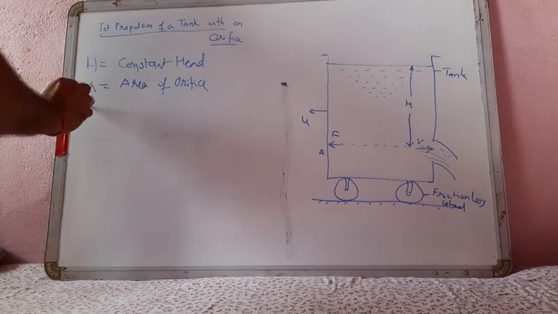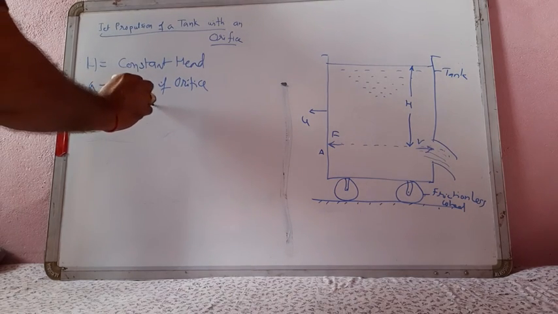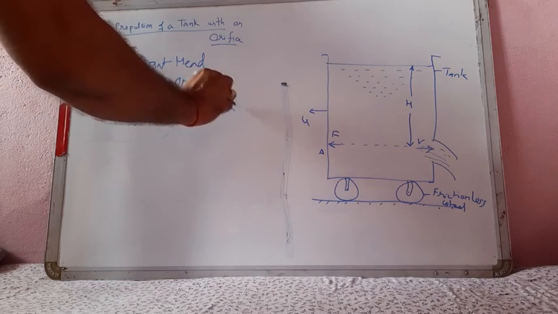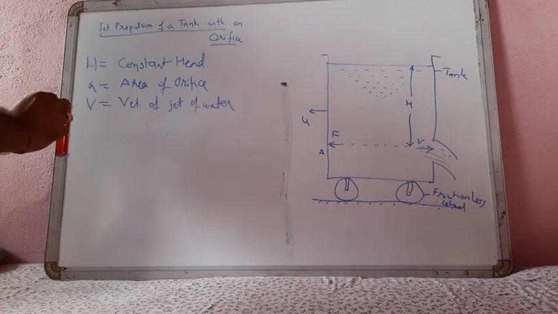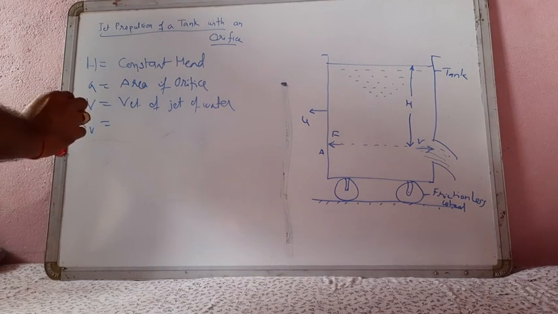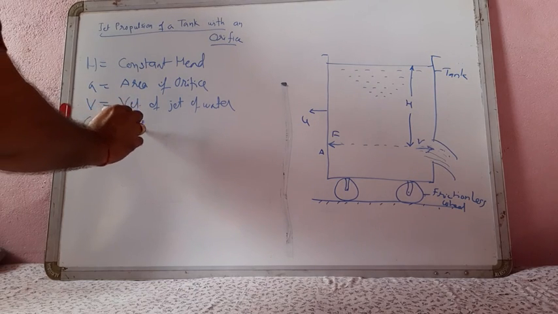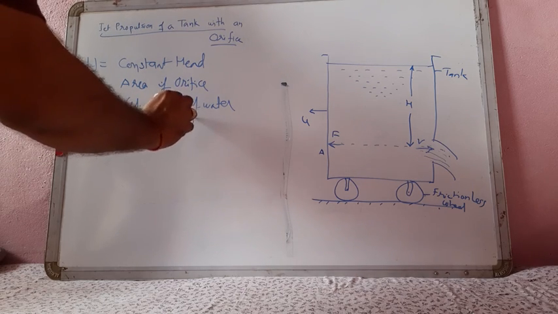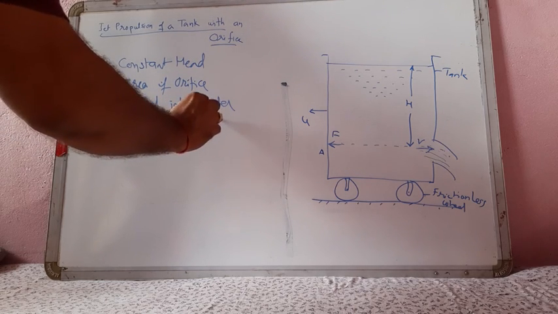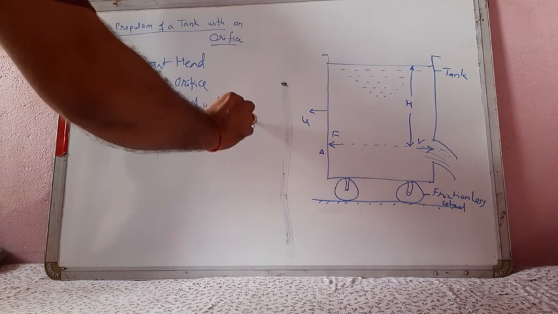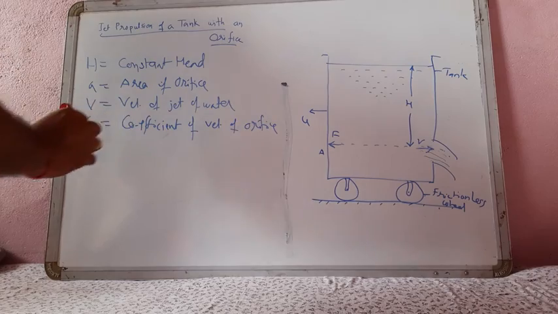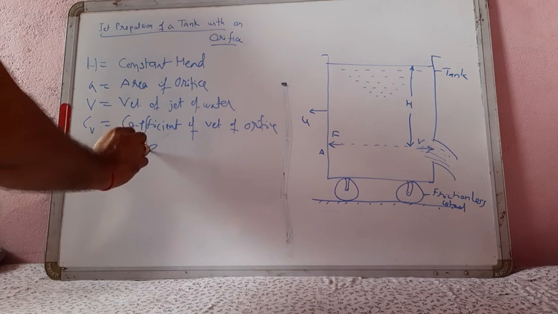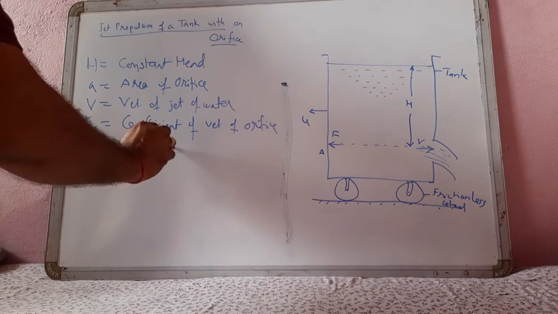V is the velocity of jet of water. Cv is the coefficient of velocity of the orifice. So here V is equal to Cv root 2 g H.